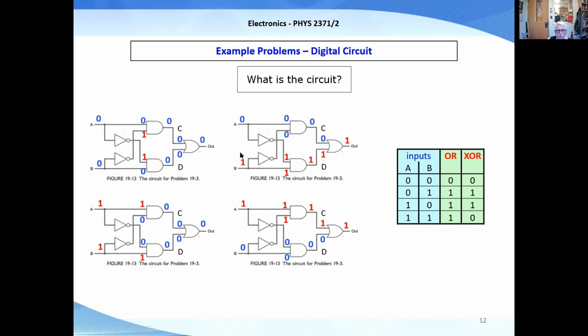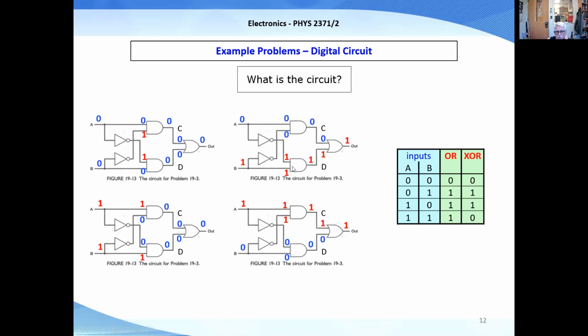Okay, if you do 0 and 1, you can go through the same thing. The difference is here that this is a 1 now, so you're going to get a 1 here and a 1 here, and this 1 goes up here to be a 0. So you're going to get a 0 here because it's an AND.